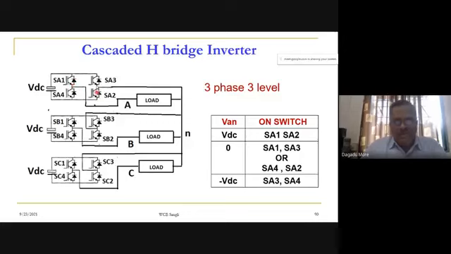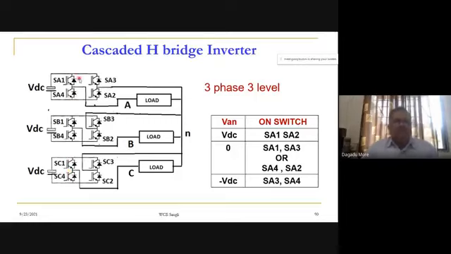And here, for this 3 phase 3 level, each load is supplied from a separate H bridge. So this is the H bridge for phase A load, this is the H bridge for phase B, and this is the H bridge for phase C.